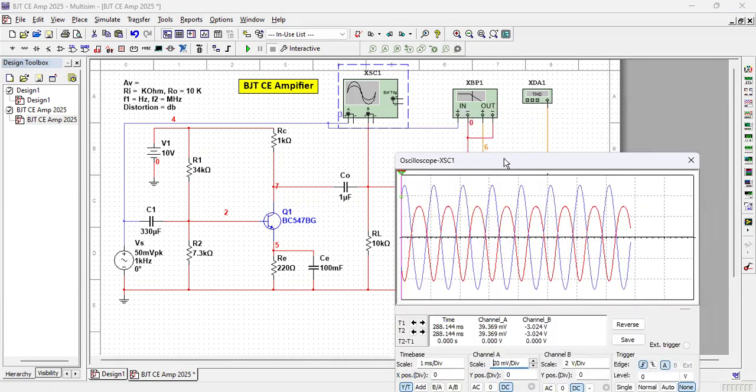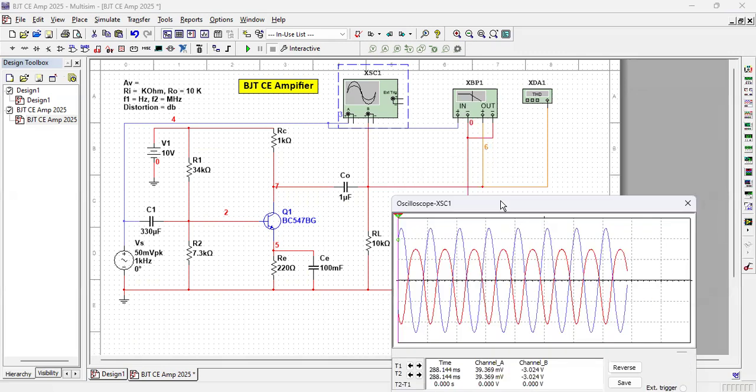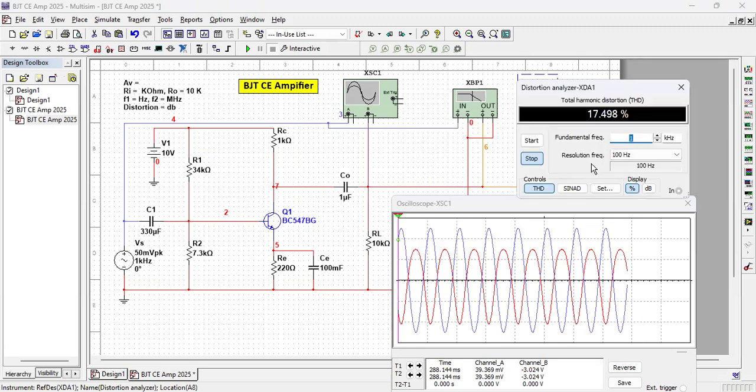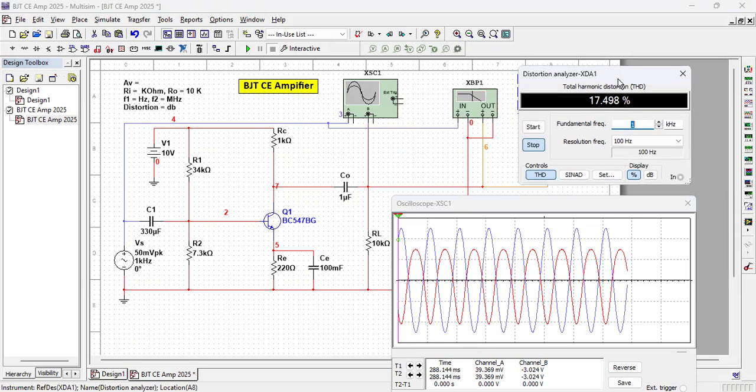And to measure how much the distortion is, I have connected a distortion meter here. See, the distortion shows 17.49, that means 17.5% distortion. This 17.5% distortion is really not good.